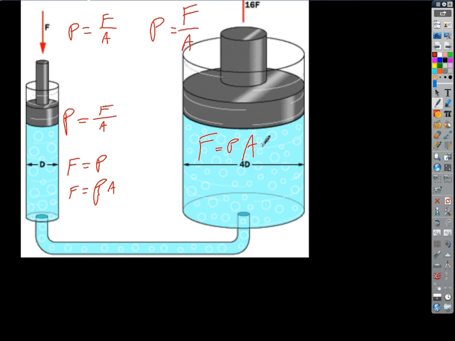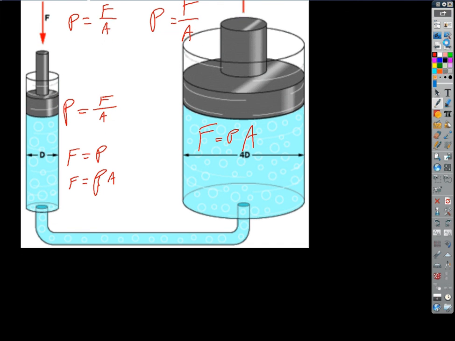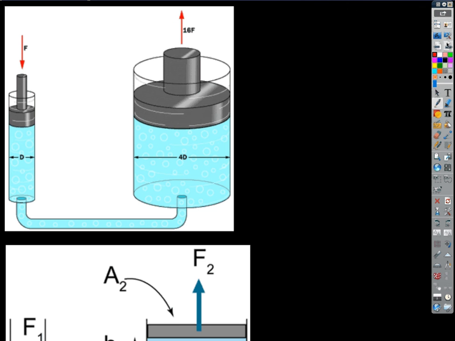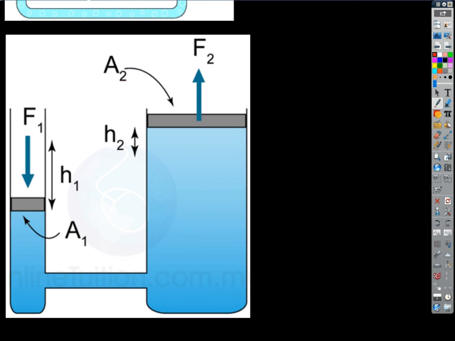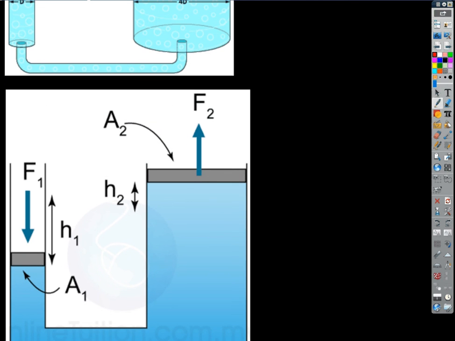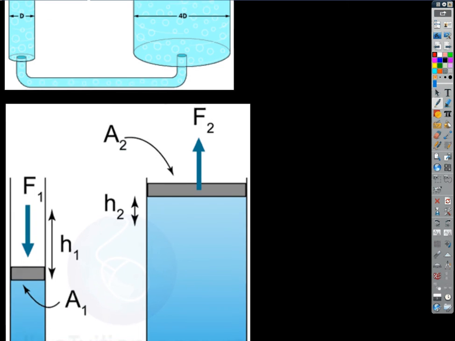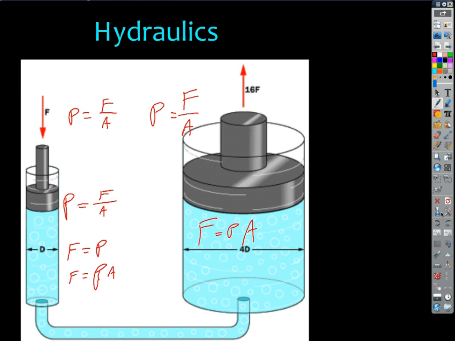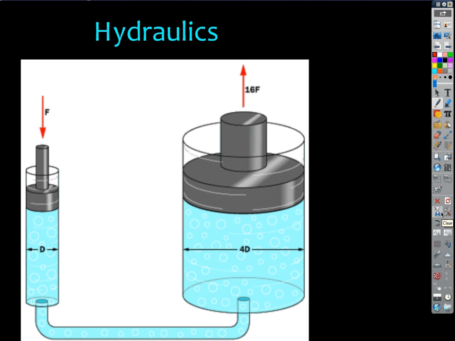So let's put some numbers on this. Let's say that rather than using D, let's use R. So if the radius of this guy is going to be little r, and the pressure is just going to be P. So if we're applying force little f there, what's going to be the pressure?